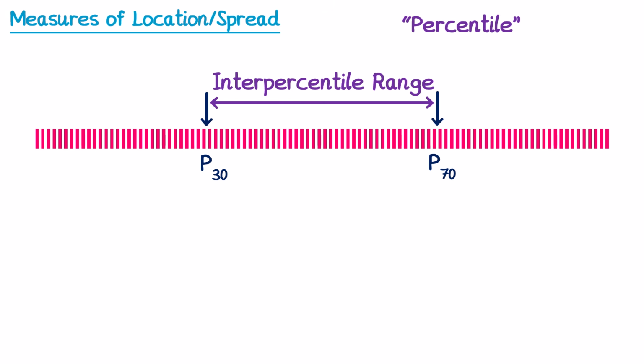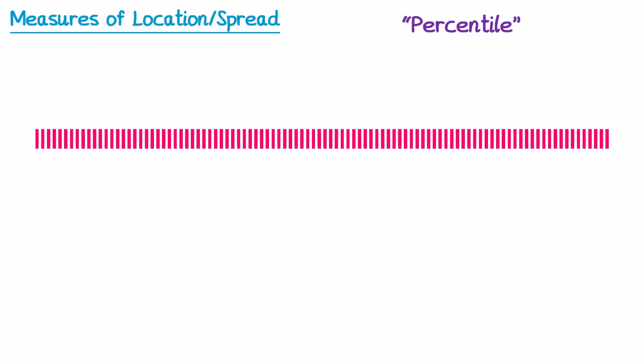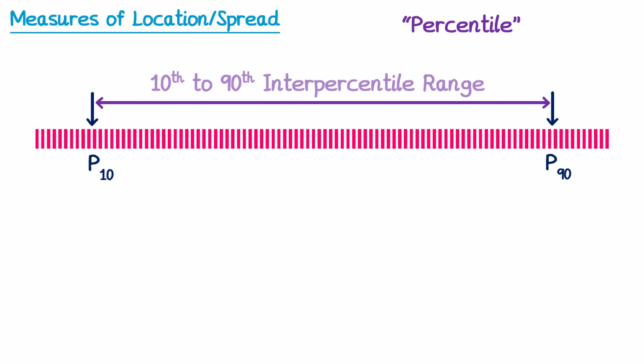Since we could do the interpercentile range between any 2 percentiles, we need to specify which one we've done. So this one will be called the 30th to 70th interpercentile range. One that is often used is the difference between P10 and P90. So this one will be called the 10th to 90th interpercentile range.